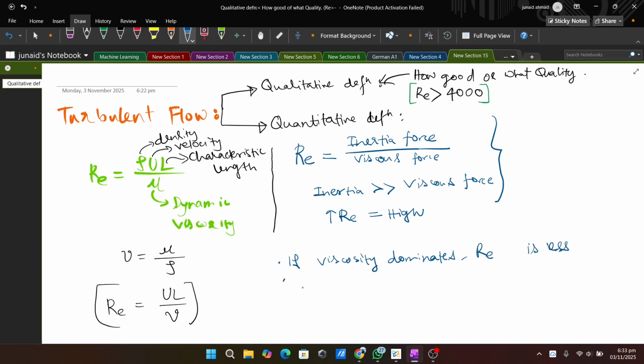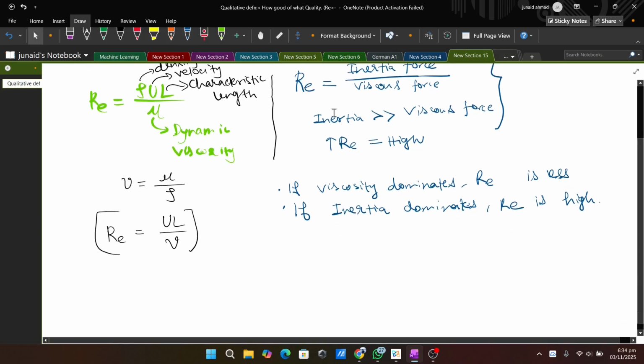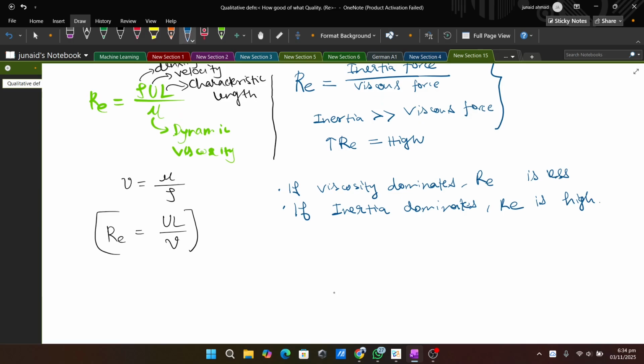And if inertia dominates, we get Re very high, right?